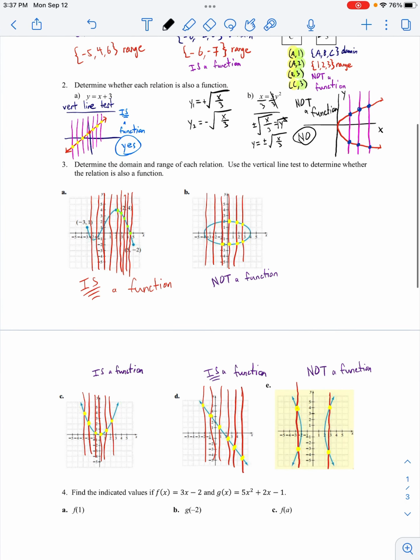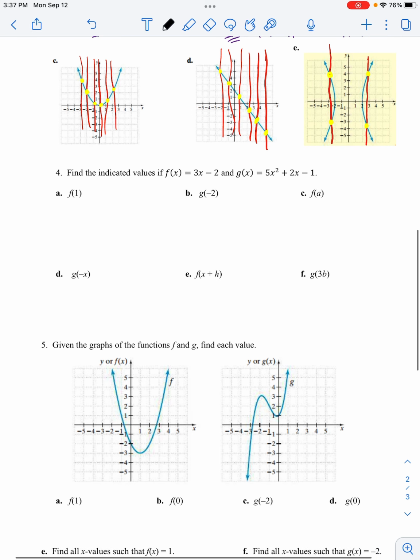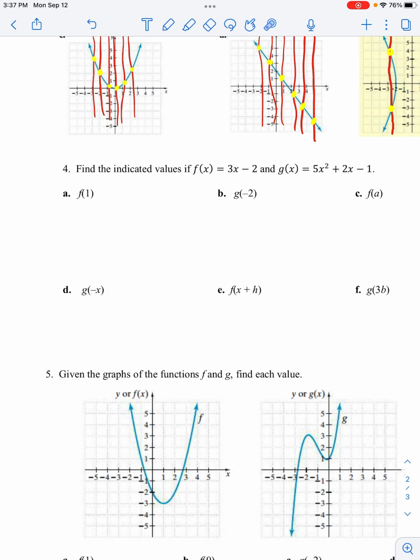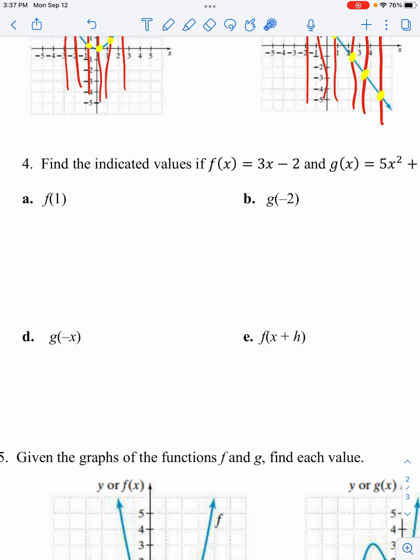So let's go down. We already did all the vertical line stuff down here. Let's talk about heading 4. Find all the indicated values of f of x equals 3x minus 2. So this is what's called function notation.